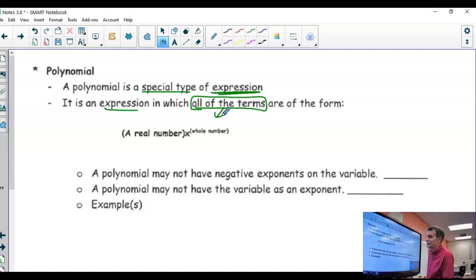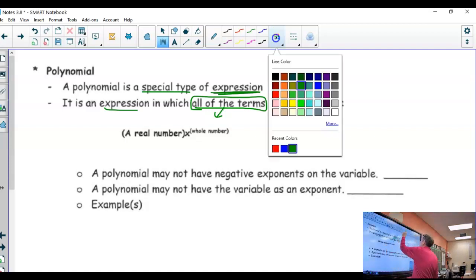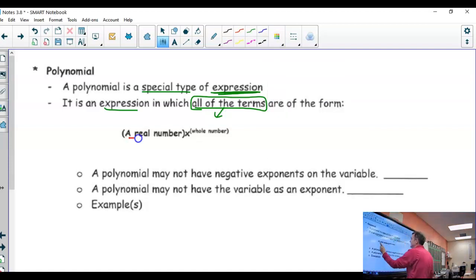Now that's a little confusing, I know, but I'll explain it. They have a real number here, which is basically every number we use in Math 1. They may have a variable, or they could have more than one variable, and they can have an exponent.